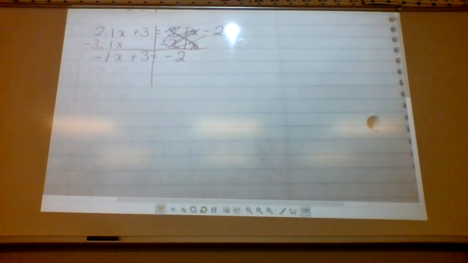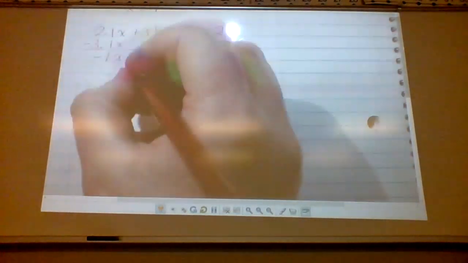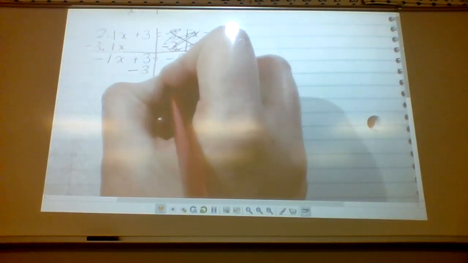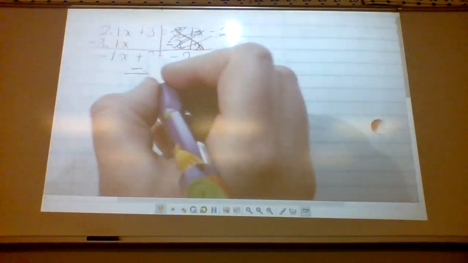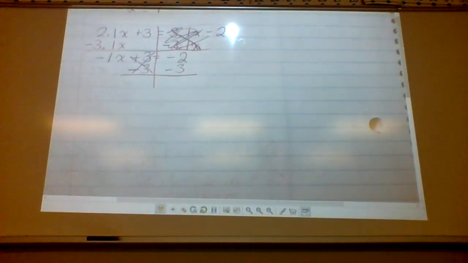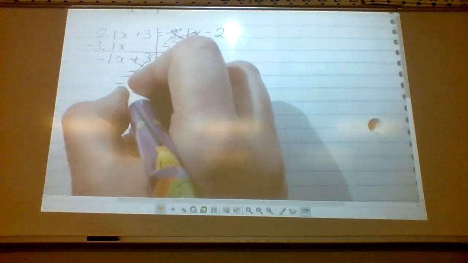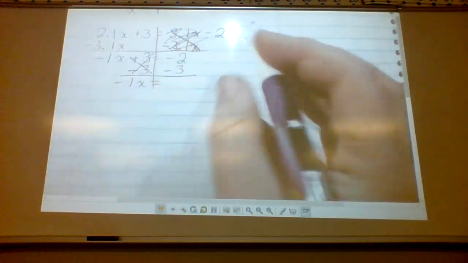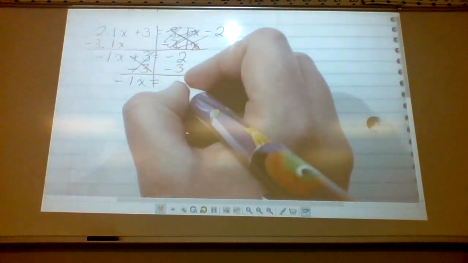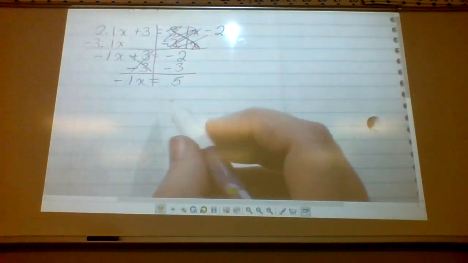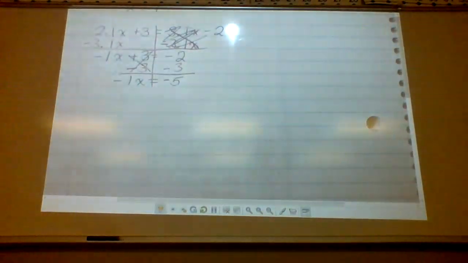Now it's a two-step equation. I see addition, so I subtract 3. These 3s disappear. Negative 1x equals: same sign, you add them, 2 plus 3 is 5, and keep the negative.